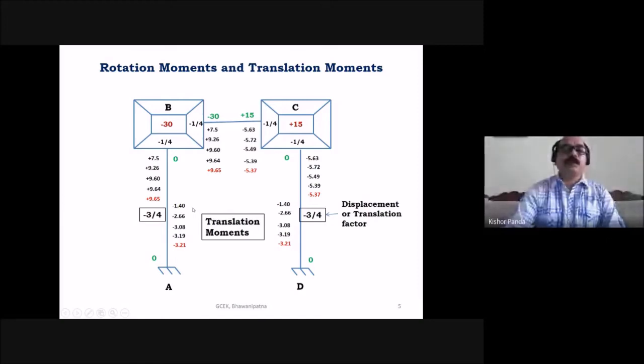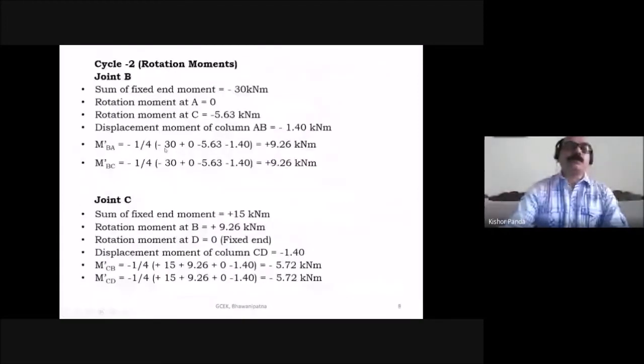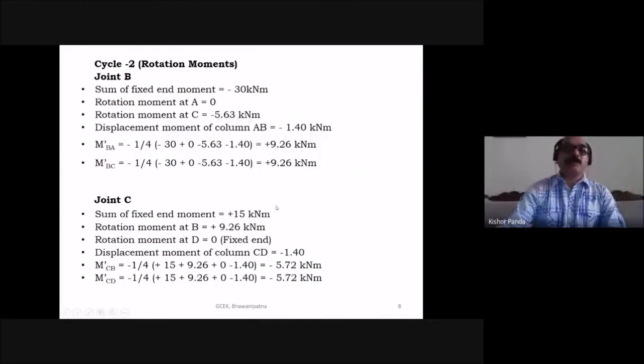Then you go for joint cycle 2. So first you find out rotational moment. The sum of piston moment you already know is minus 30, and rotational moment at A is 0 due to piston, and rotational moment at C is your minus 5.63. So what you got in the first cycle, you have to take minus 5.63. Then the displacement moment of column AB you already know is minus 1.40.